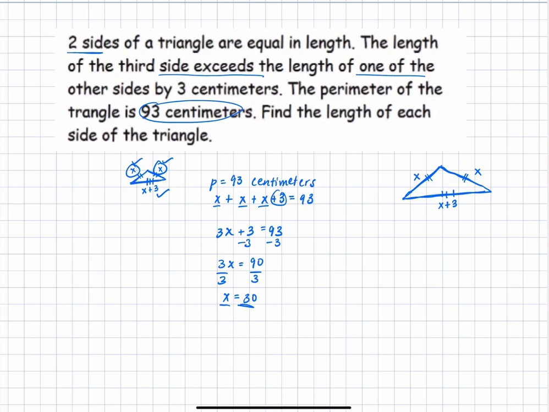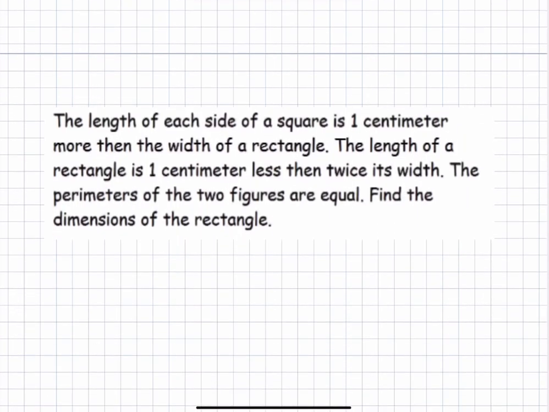Then this would be 30 centimeters, this would be 30 centimeters, and the third side is x plus 3. Our x value is 30, so 30 plus 3 is 33 centimeters. Great. So moving on to our fourth problem.